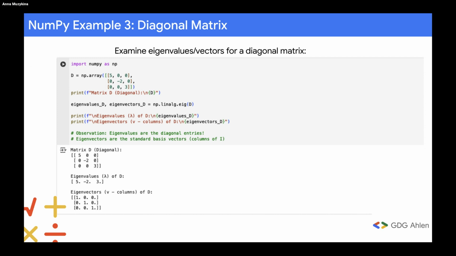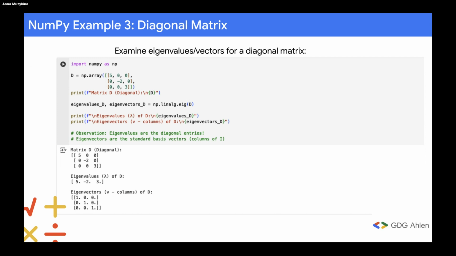Though NumPy might output 0, -1, 0 for the middle one, which is just -1 times the row 0, 1, 0. This also makes sense. A diagonal matrix just scales the standard coordinate axes, so the standard basis vectors are indeed the eigenvectors.